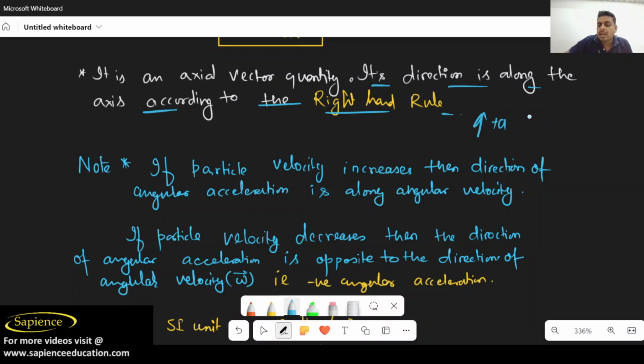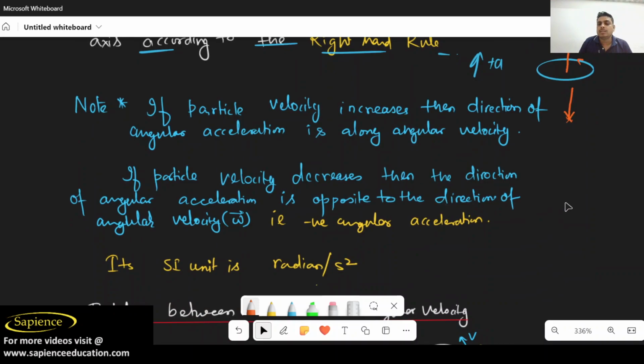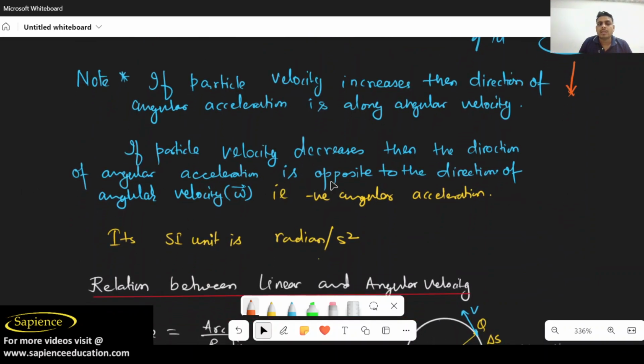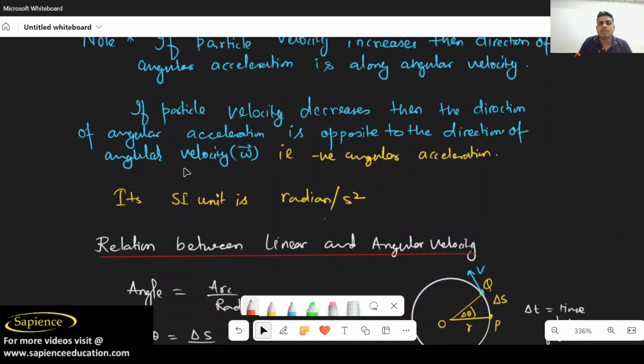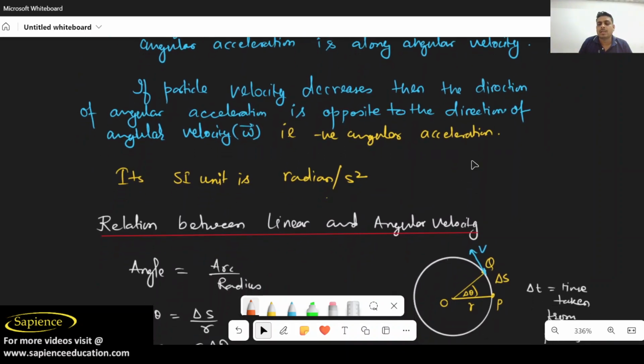As per the right hand thumb rule, if velocity is increasing, acceleration will be upward. And if velocity decreases, we can take acceleration as the downward direction. So if velocity decreases, then the direction of angular acceleration is opposite to the direction of the angular velocity omega.